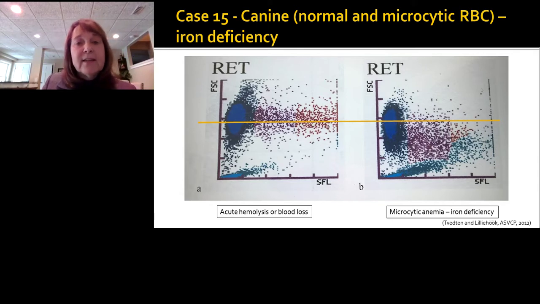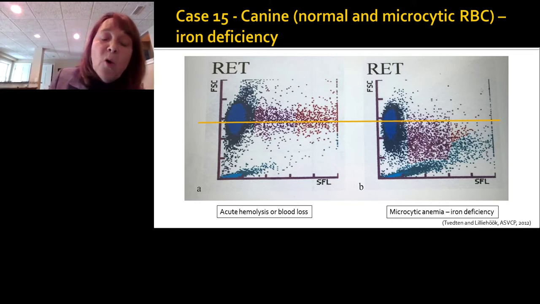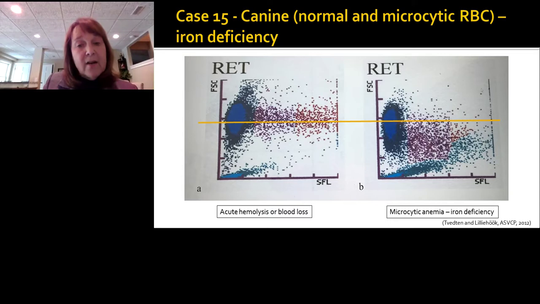This particular example showed us microcytic red cells with iron deficiency in a dog. When we draw that same line down the middle, we can see that the new cells being produced are actually pretty small because of the lack of iron to fully make those hemoglobin molecules. So they labeled this a microcytic iron deficiency anemia.